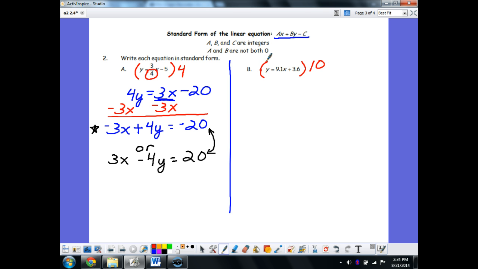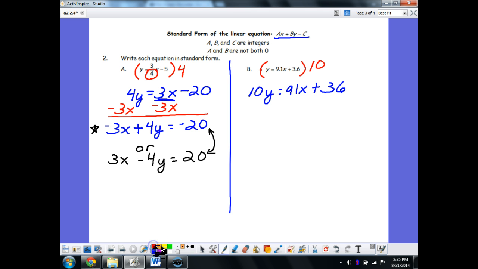So then once we do that, multiplying the entire equation by 10, that includes 10y equals 91x plus 36. And remember, you have to get rid of all decimals in the equation. So now we've gotten rid of all decimals.